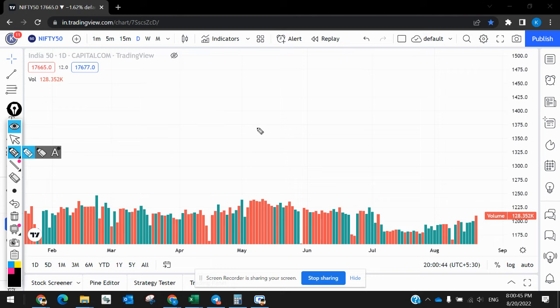Now, one more thing that most people don't follow is the number of trades. Unless we are a scalper, we shouldn't be taking many trades. Maximum, we should take 4 or 5 trades in one day on an intraday basis.